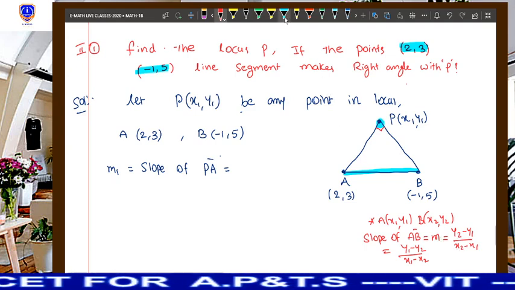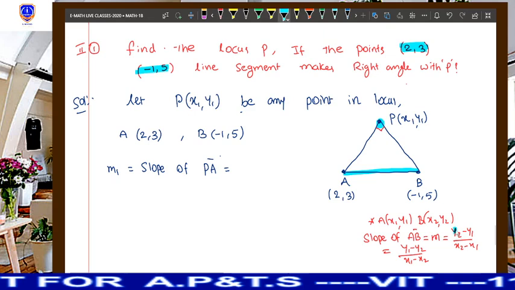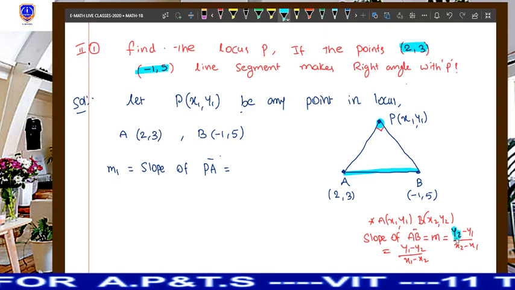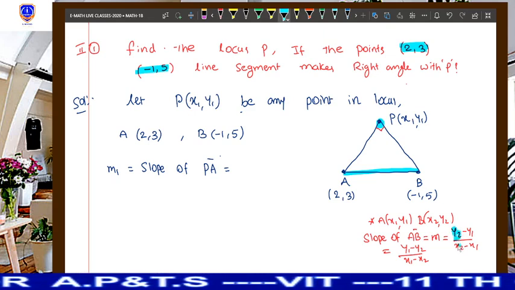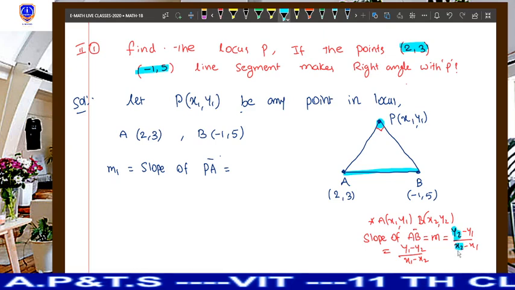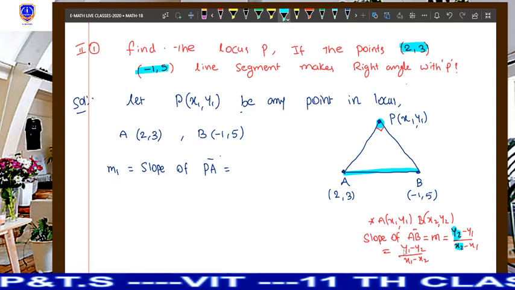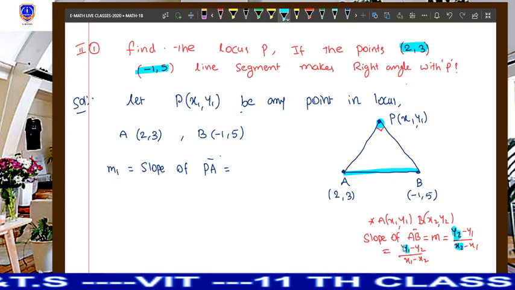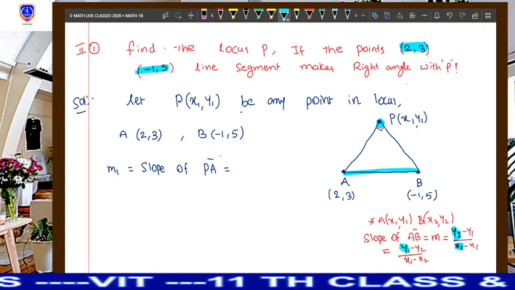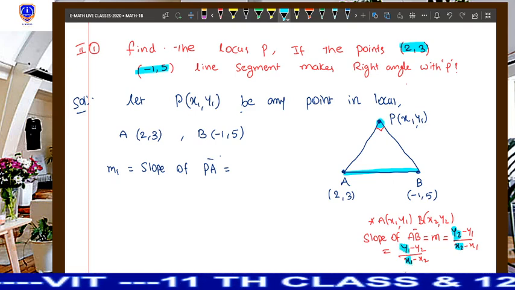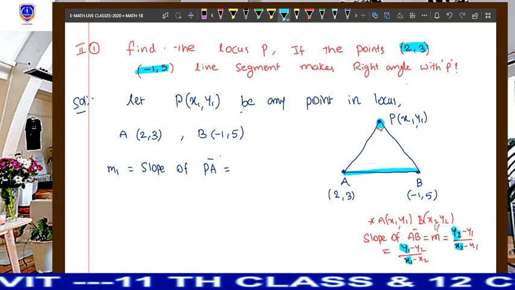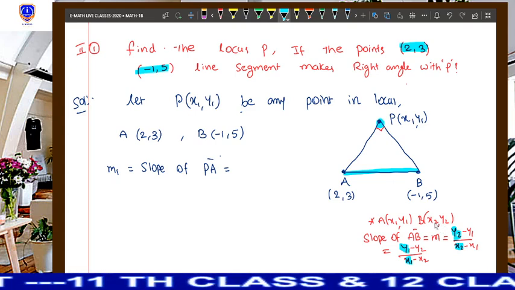Fine. I will show you. If you write y2 in the numerator at first, then x2 in the denominator at first. If you write y1 in the numerator, x1 in the denominator. This pattern you have to maintain to find out the slope.